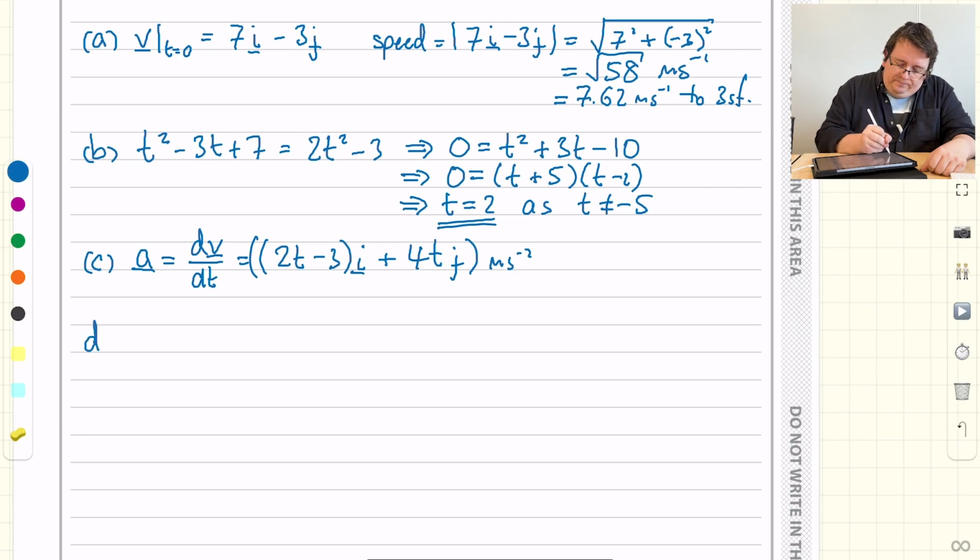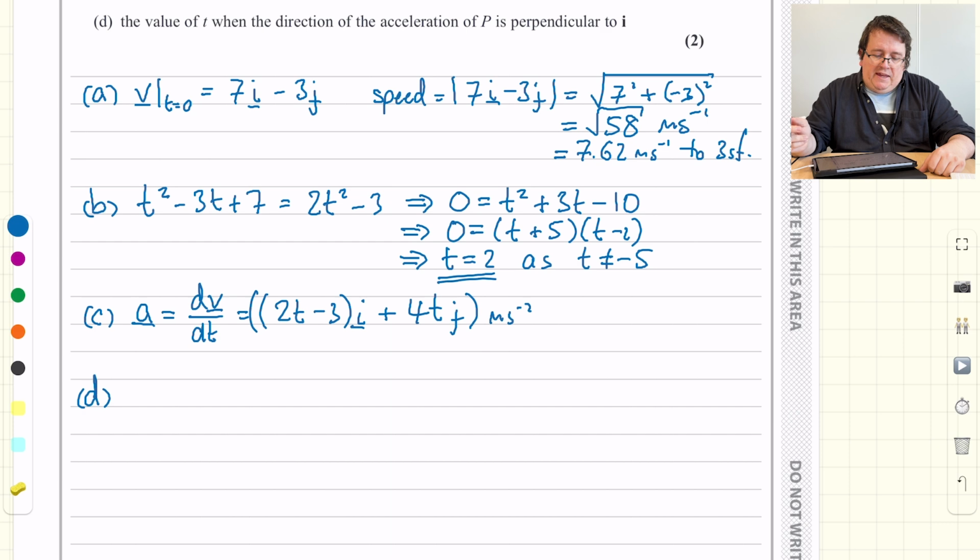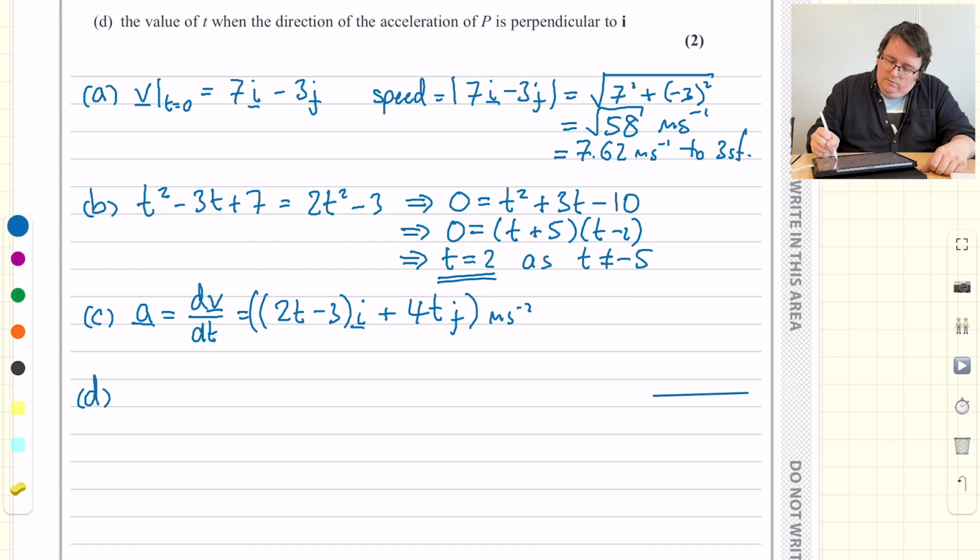So part D, the value of t when the direction of the acceleration of P is perpendicular to i. So i travels in that direction.